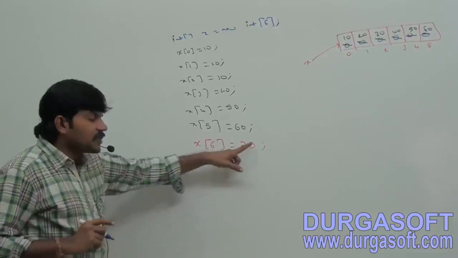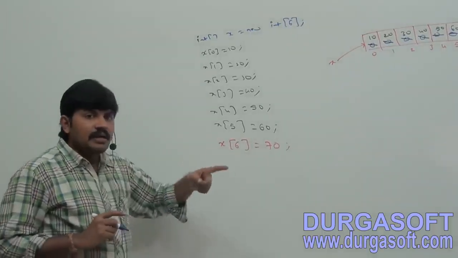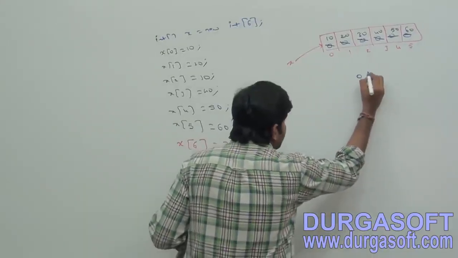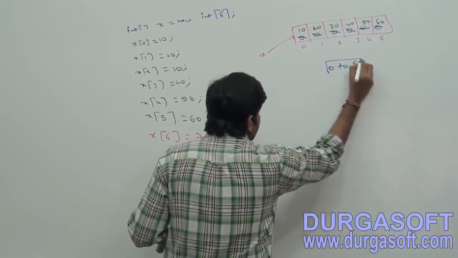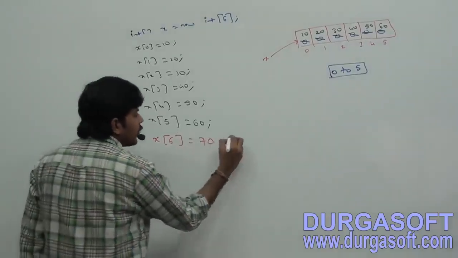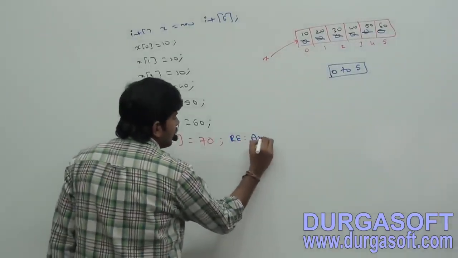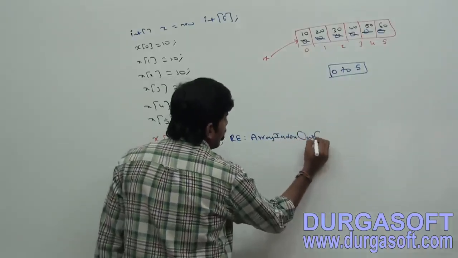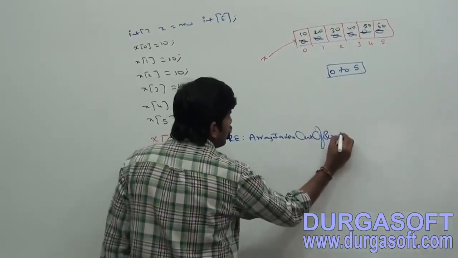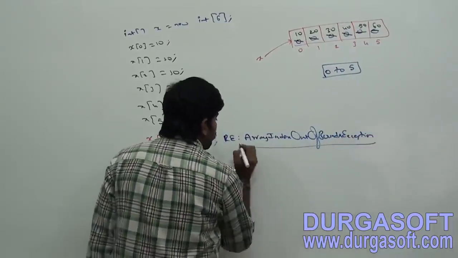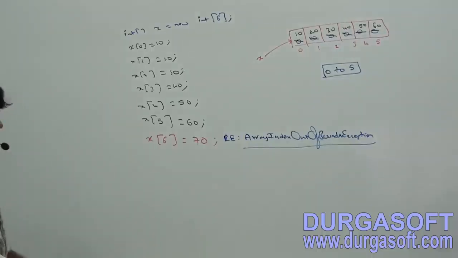Immediately we will get a runtime exception, array index out of bounds exception, because the valid range of index is 0 to 5 only. But I am taking 6. 6 is out of range. That's why immediately we will get array index out of bounds exception.